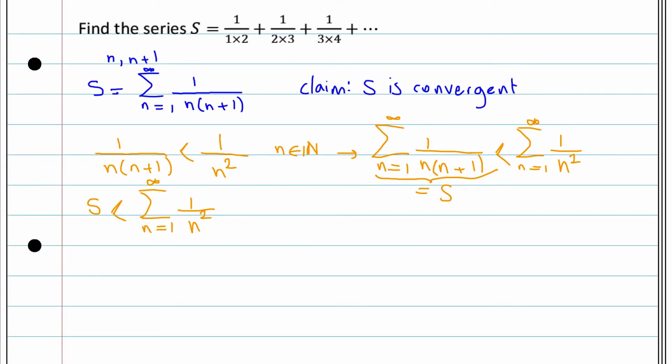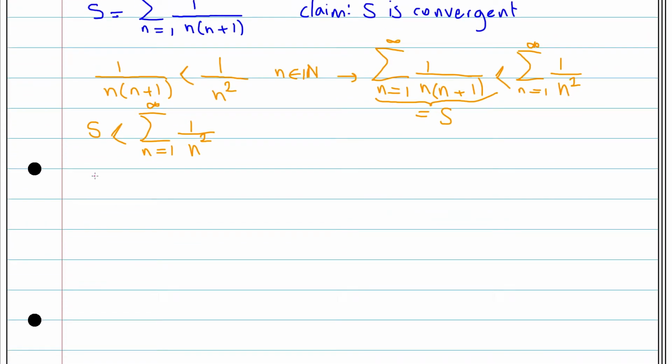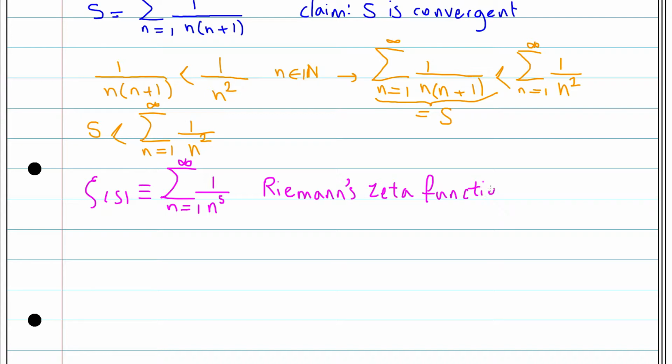Now I need to give a short recap at this point. The infinite sum zeta of s defined by the sum over 1 to infinity of 1 divided by n to the s is known as the Riemann zeta function. Zeta function is convergent for any real number greater than 1, which means that it has a positive numerical value.